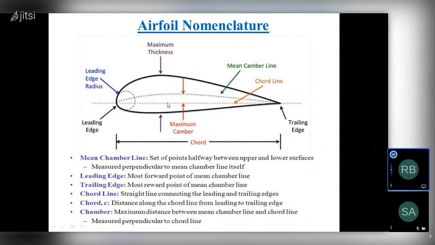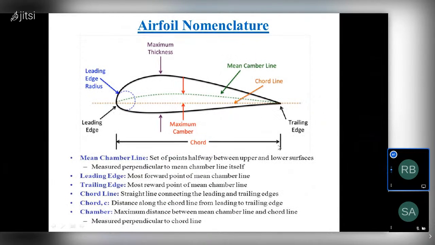The mean camber line and the chord line do not collide one above the other. There is some amount of distance, a gap. That gap is known as the maximum camber gap or maximum camber thickness.